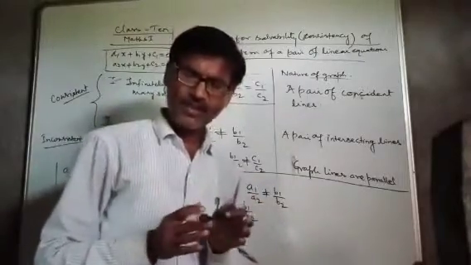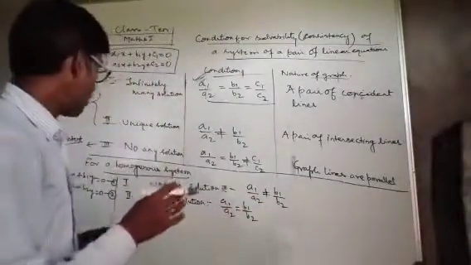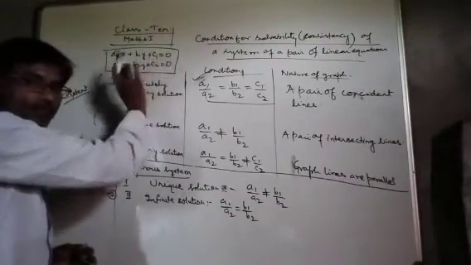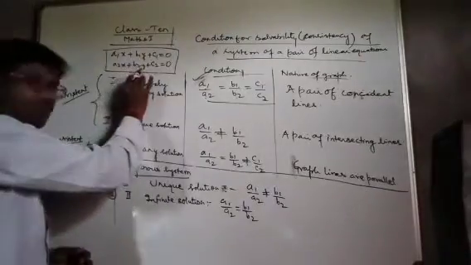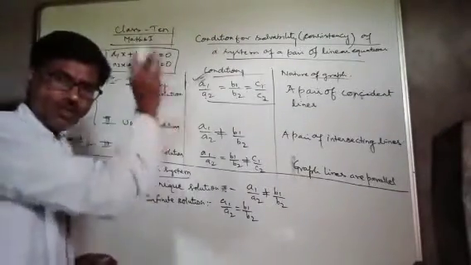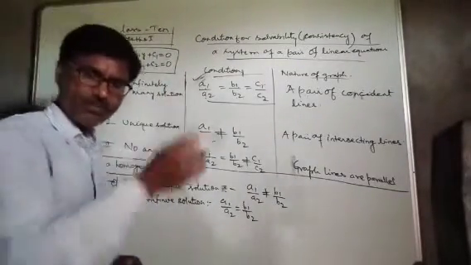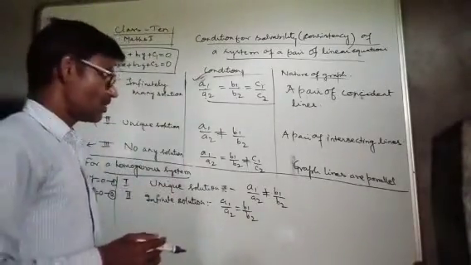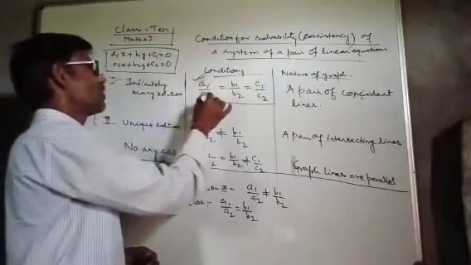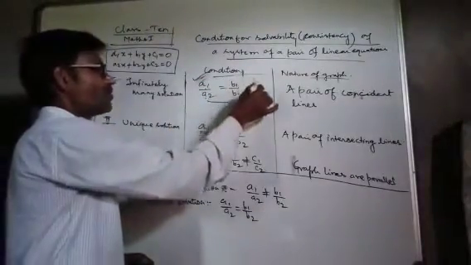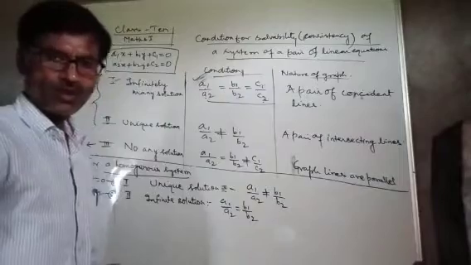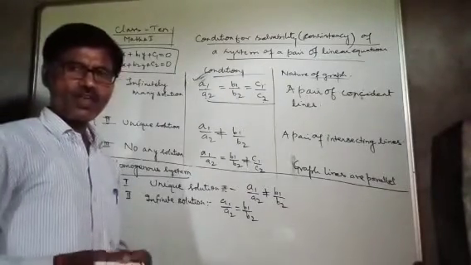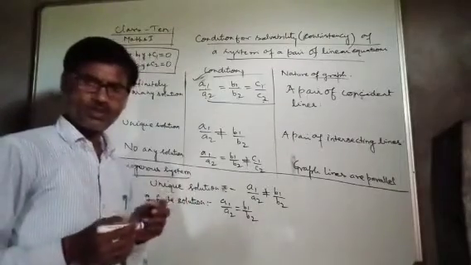For a pair of linear equations of form a1x plus b1y plus c1 equal to 0 and a2x plus b2y plus c2 is equal to 0, for this type of pair of linear equations, if we get a1 upon a2 equal to b1 upon b2 equal to c1 upon c2, then the pair of linear equations will have infinitely many common solutions.